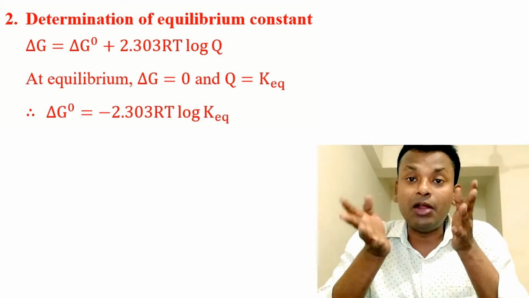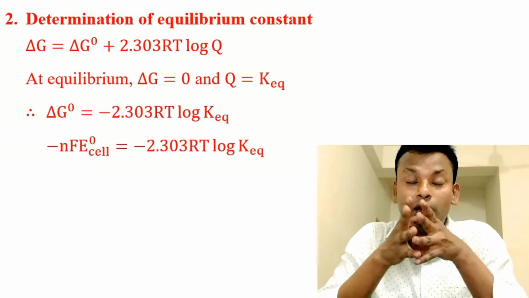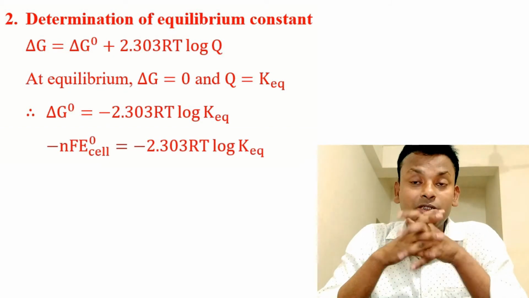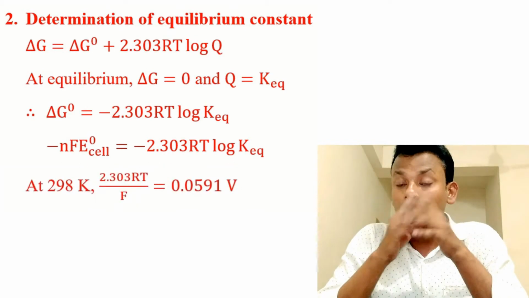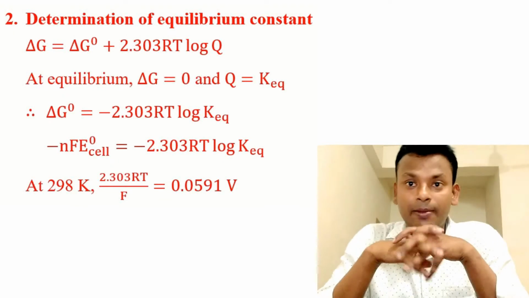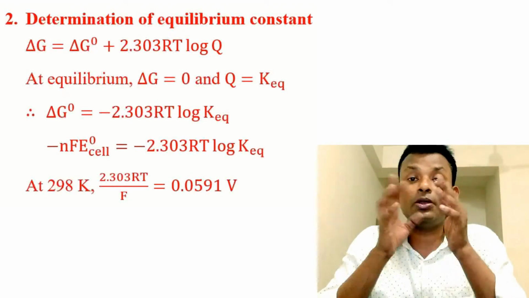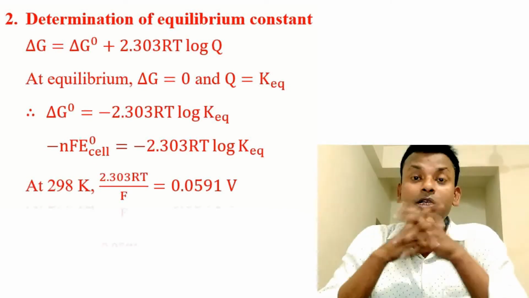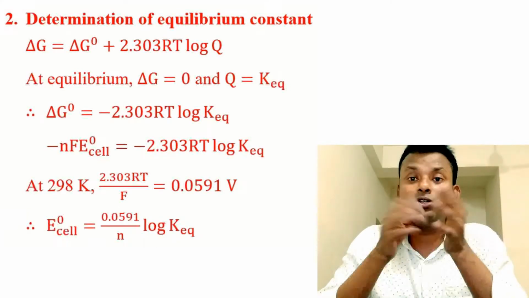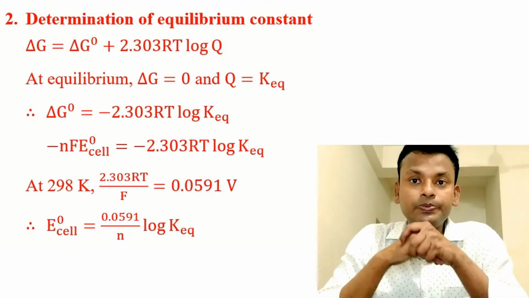So putting the value of del G0, that is minus nF E0 cell equals minus 2.303 RT log Keq. At 298 Kelvin, that is standard temperature, the value of 2.303 RT by F equals 0.0591 volt. So E0 cell equals 0.0591 by n log Keq.